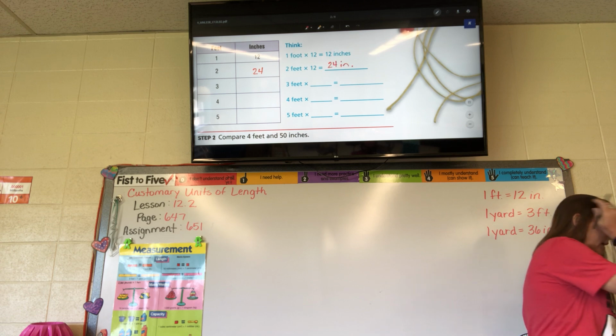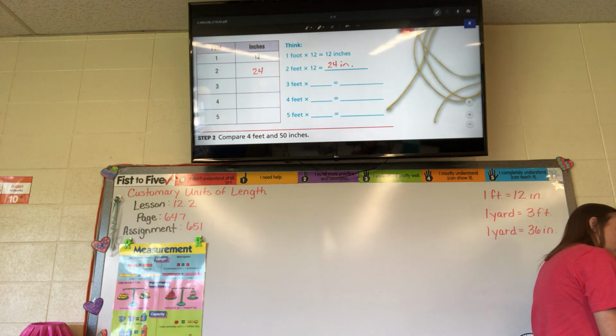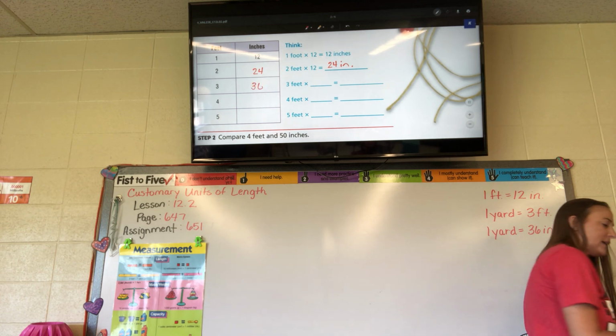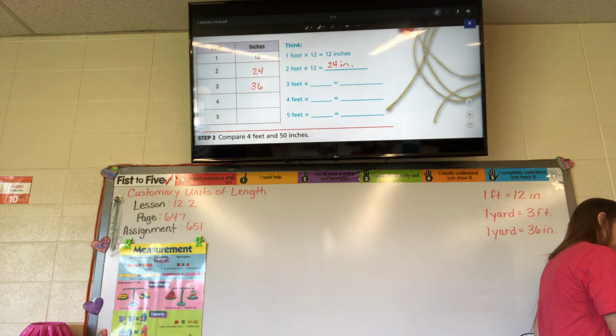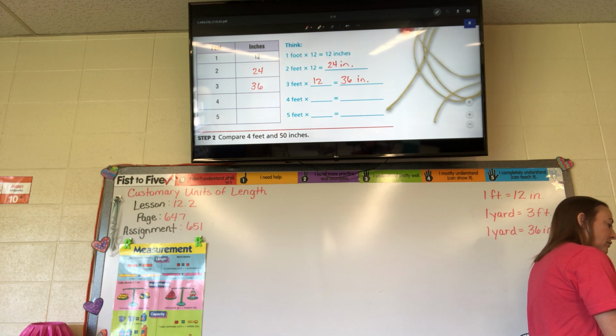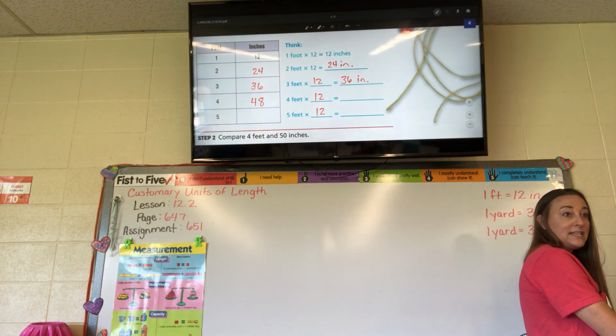And then 3 feet would be 36 inches because 3 times 12 is 36. And then 4 feet, 4 times 12 is 48. And we're going to always multiply by 12 when we're converting feet into inches.